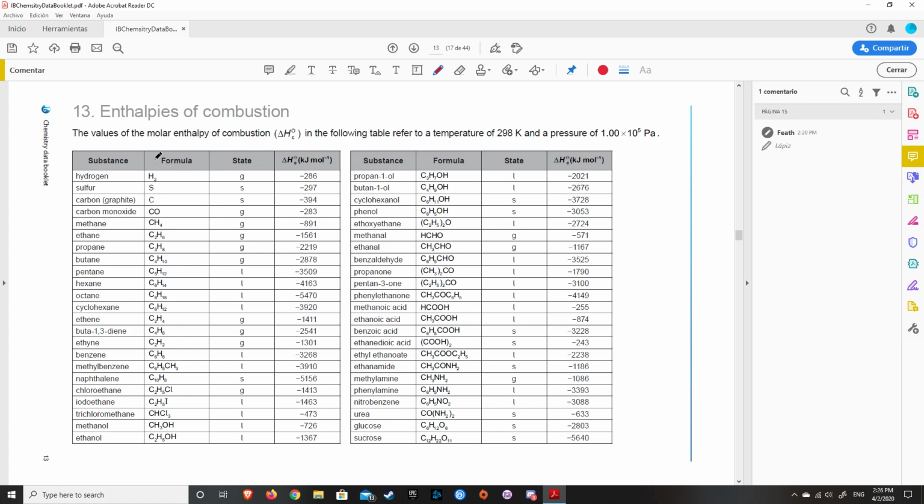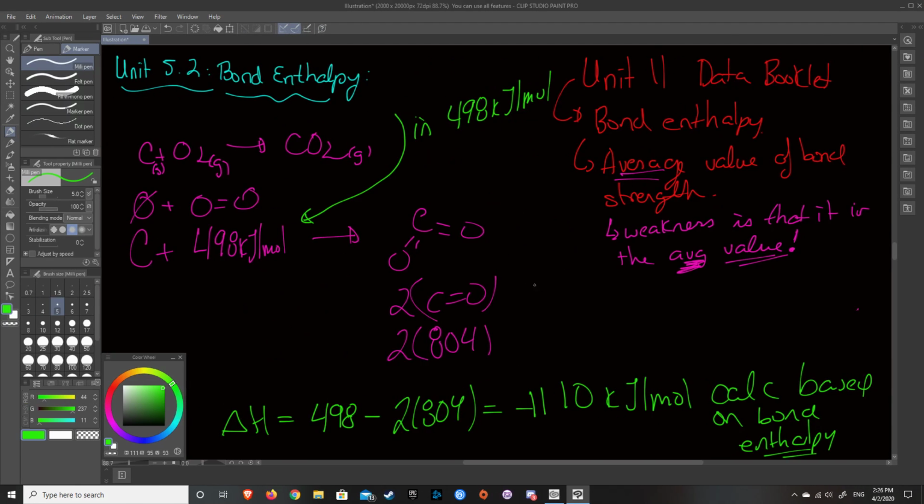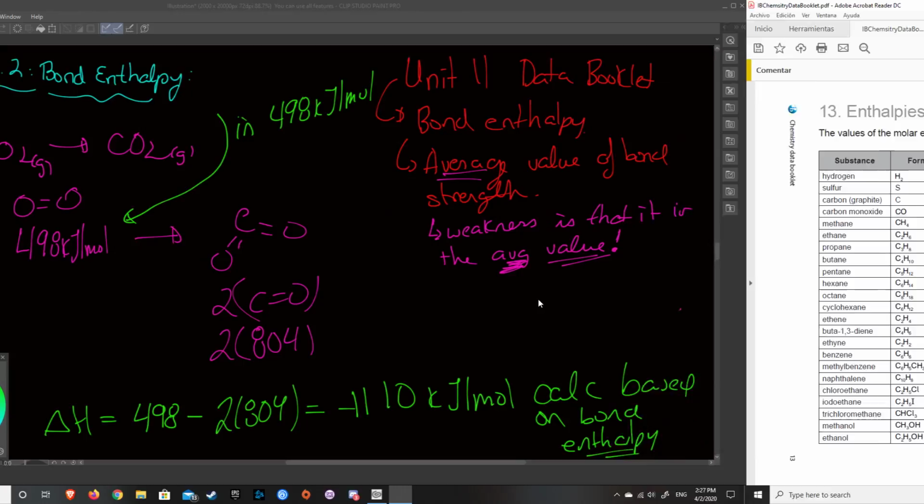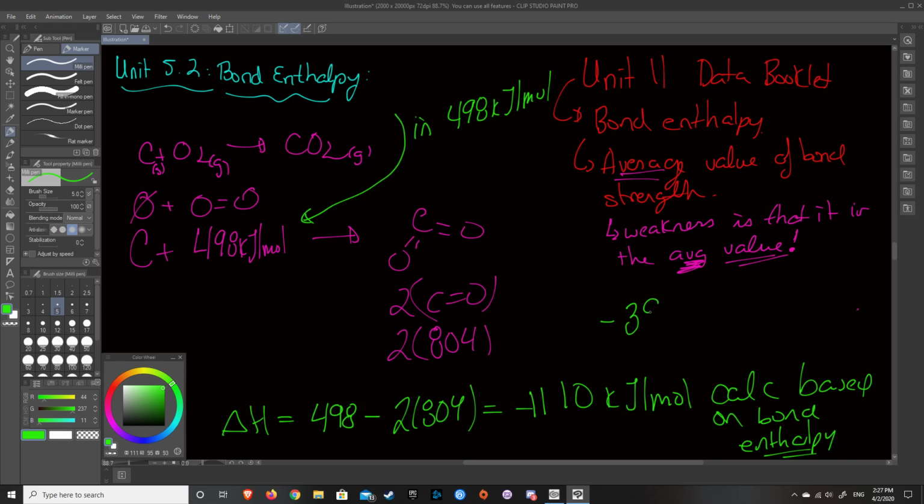Enthalpy of combustion of carbon, negative 394 kilojoules per mole. Let's see where we might have went wrong here then, because this seems a little bit off. Negative 394 kilojoules per mole. So let's see where we could have had a little bit of an off value here.